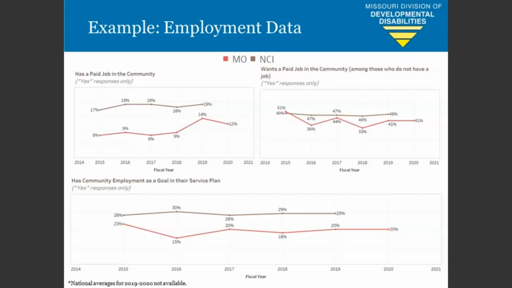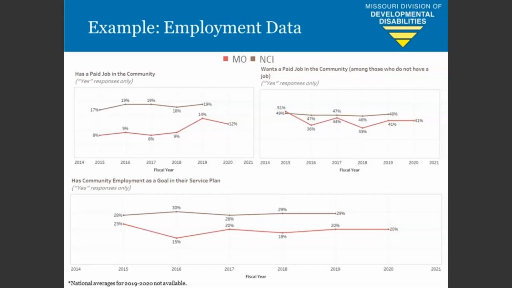Again, the brown line is the national average, the red is the Missouri average. And again, we are lower than the national average, but still a pretty large proportion of people who don't have jobs say that they want one.